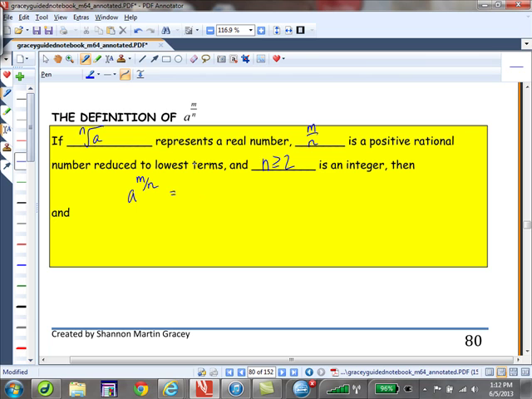You can do this a couple different ways. You can view this as the nth root of a raised to the mth power.